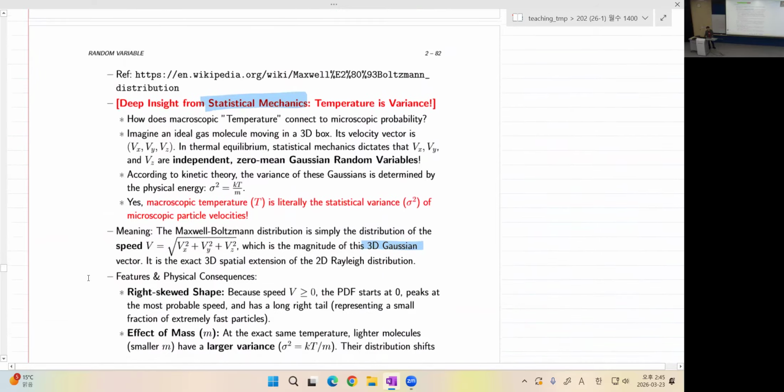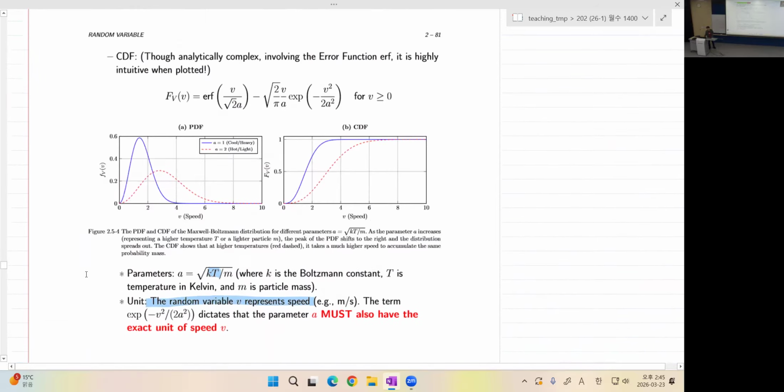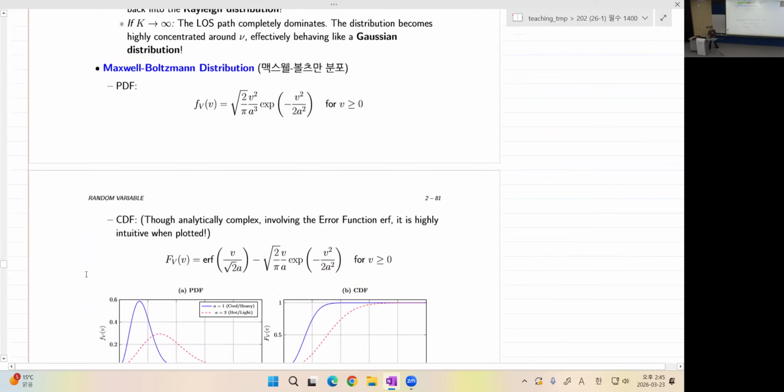But let me just say this. The Maxwell-Boltzmann distribution is related to the temperature and pressure of ideal gas, as you learned in chemistry course in high school. Do you remember the ideal gas equation from chemistry class? So suppose you have ideal gas with pressure P and temperature T. What does that mean?